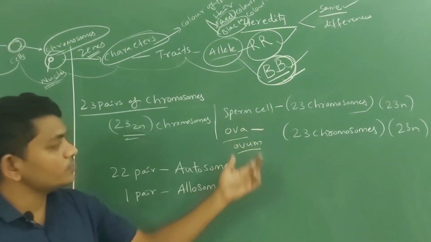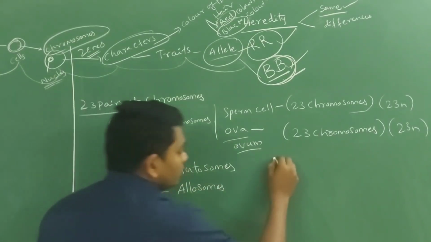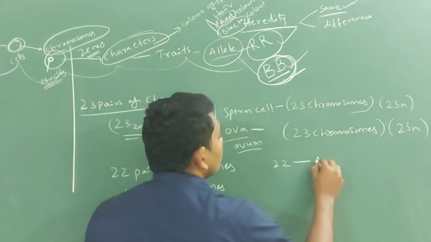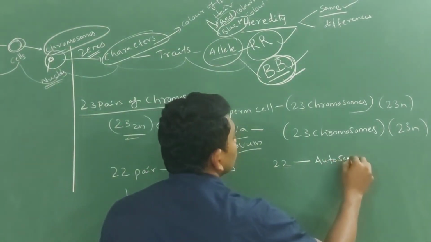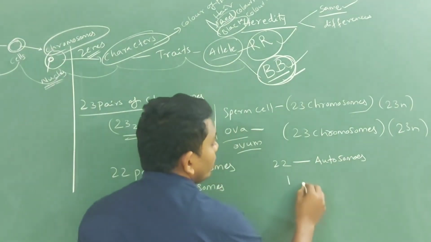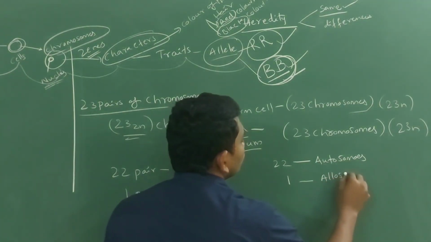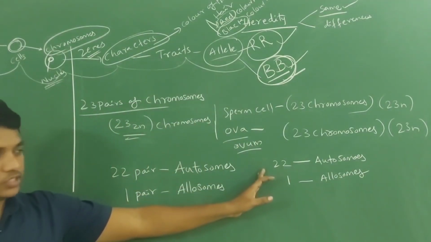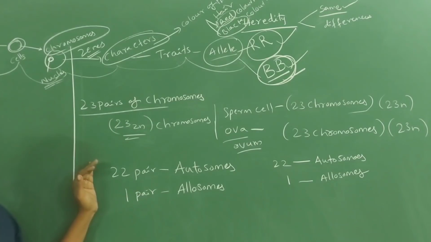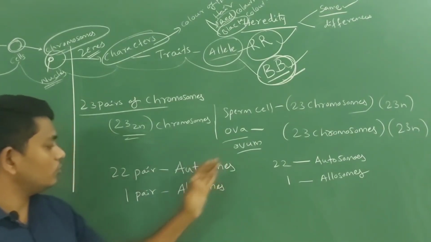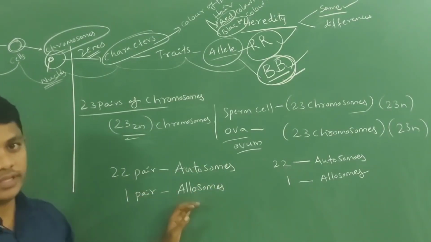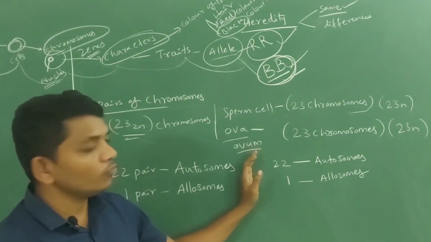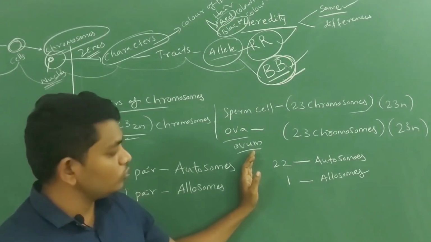The sperm cell or ova contain 22 autosomes and one allosome. You should learn this one. So in each cell of our body, 22 pairs of autosomes and one pair of allosomes are there. In ova and sperm cells, we can see only 22 autosomes and one allosome.